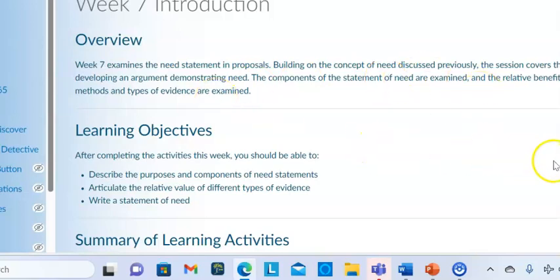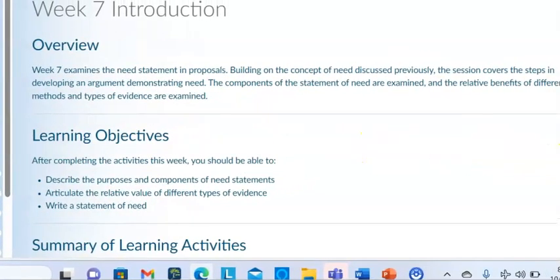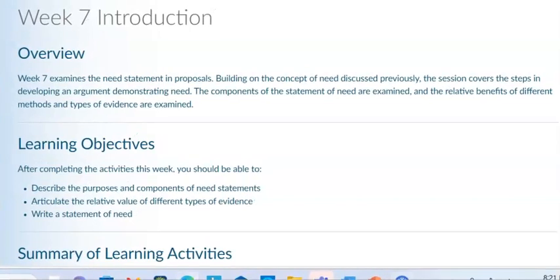And the objective for this week and the overview are as follows. Week 7 examines the needs statement in proposals. Building on the concept of need discussed previously, the session covers the steps in developing an argument demonstrating need.